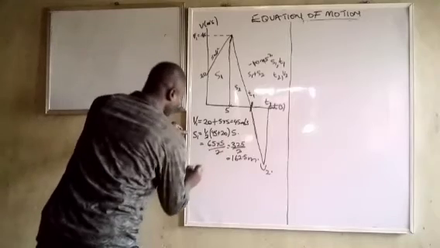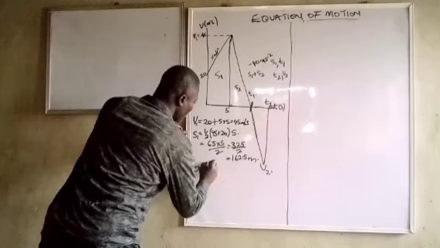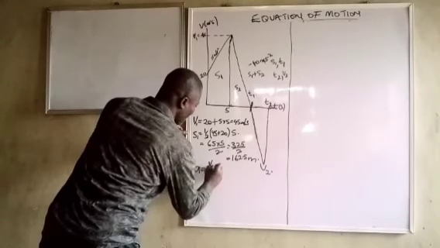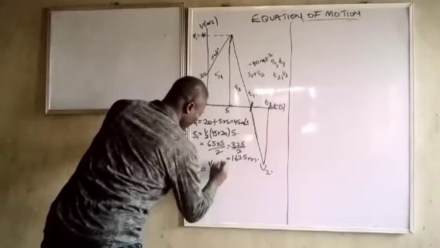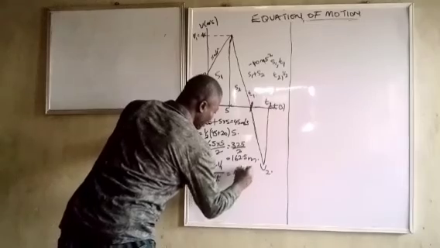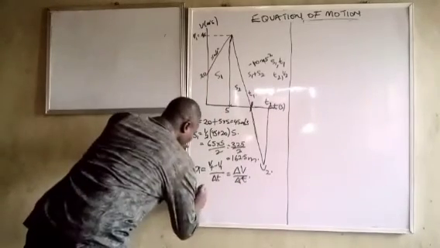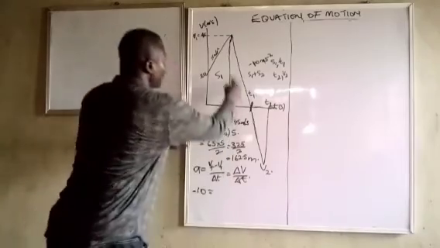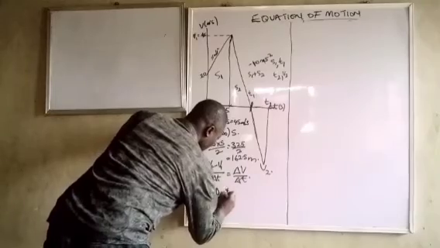We know that A will be equal to final velocity minus initial velocity over change in time, or I can say change in velocity over change in time. Minus 10 will be equal to, what is change in velocity? 0 minus 45.